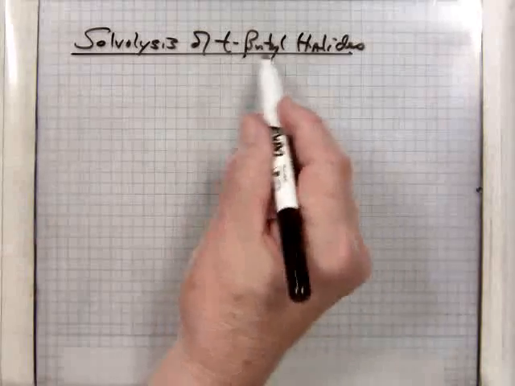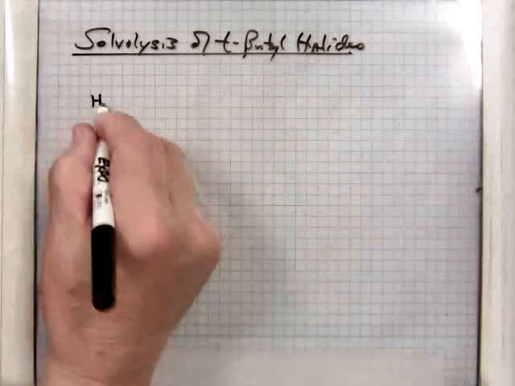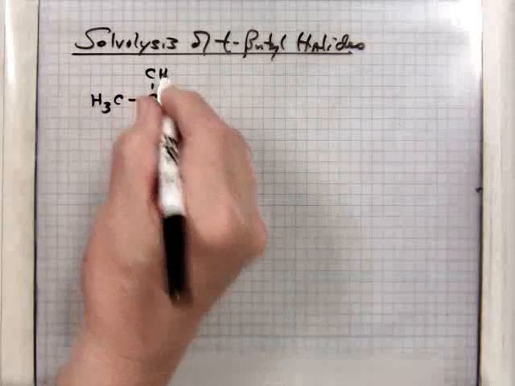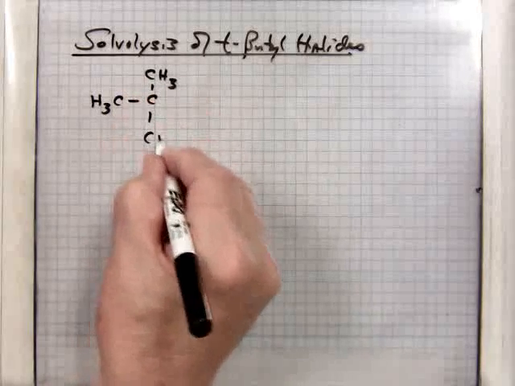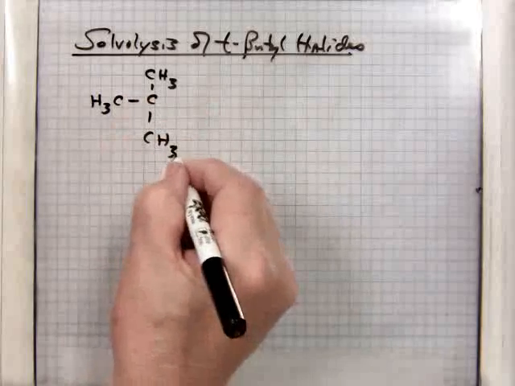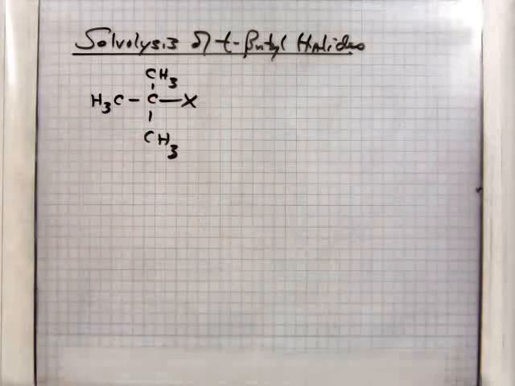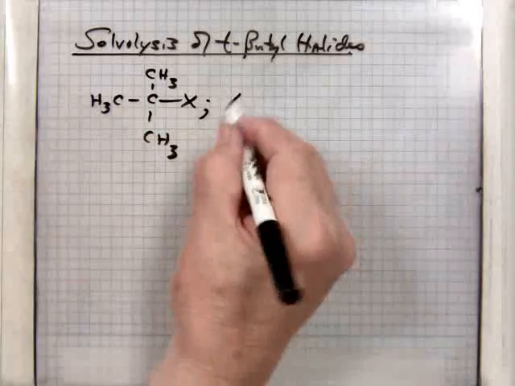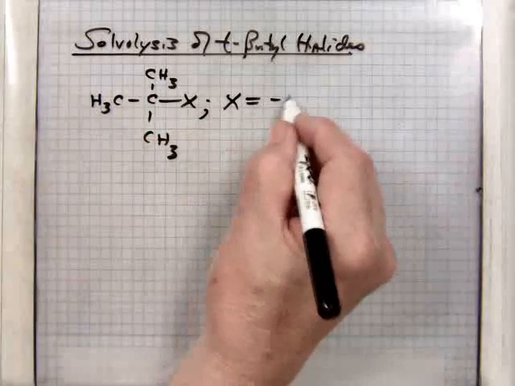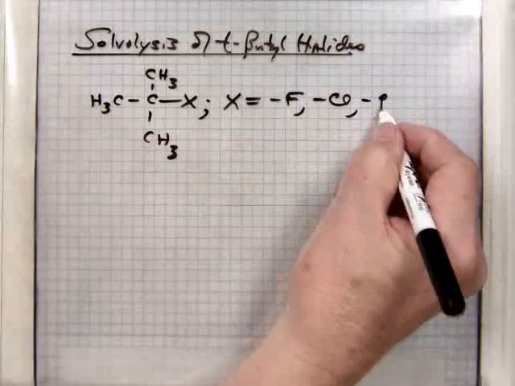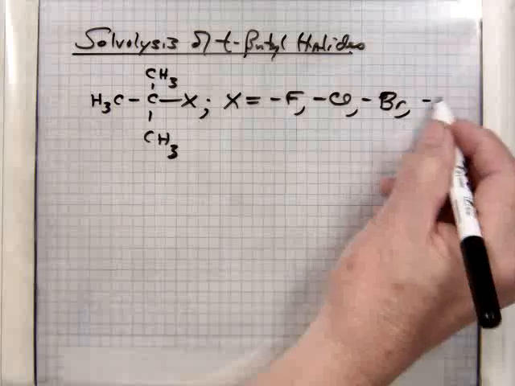And a T-butyl group looks like this, just for your information. As a science teacher, I'm obligated to share things like this with you. And generally, the halides are represented by an X. And you might note X is equal to a fluoride or a chloride or a bromide or an iodide.